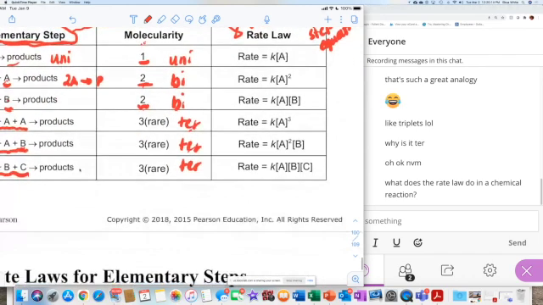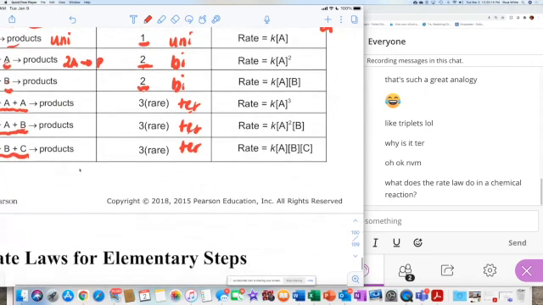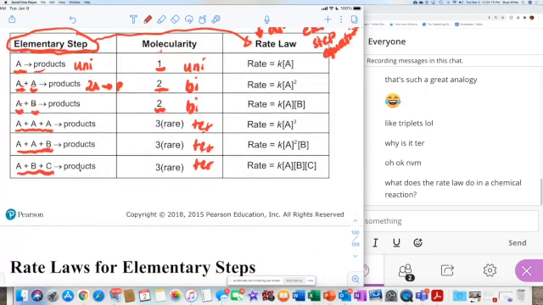So here's the deal. The rate law helps us to predict how each reactant's change will influence the rate of the reaction. For that one, I can't use the movie scene because the movie scene doesn't really work.